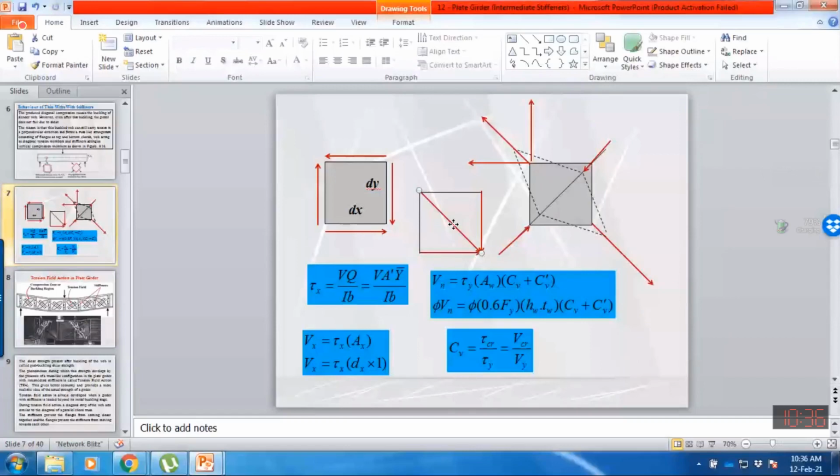By using basic mechanics to make these forces simple, we can replace these two forces by their resultant force, which is acting at 45 degrees, because the magnitudes of both forces are the same.